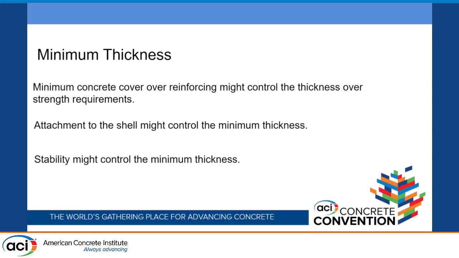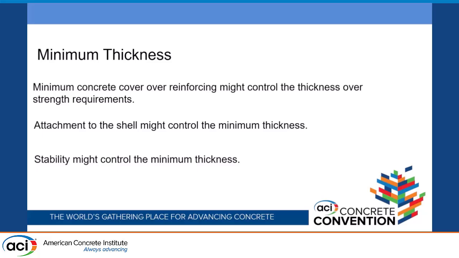But we're going to put a mat of number 4 bar each way, crossing. So you've got half inch bars, so you've got 1 inch of steel in there, and you have to have a half inch of coverage if it's not exposed to earth or weather. That's the minimum shell coverage. So you get half inch and a half inch on top. So now 2 inches. So now instead of saying, oh, I only need an inch for strength, you need 2 inches because of just your concrete cover requirements.